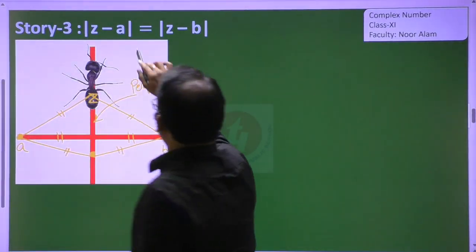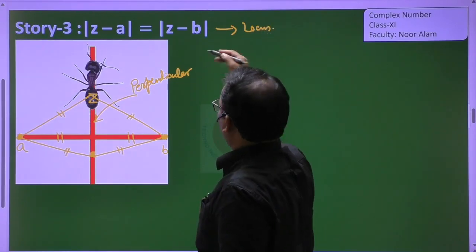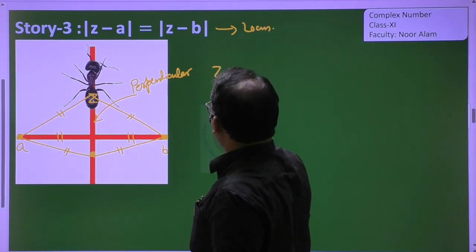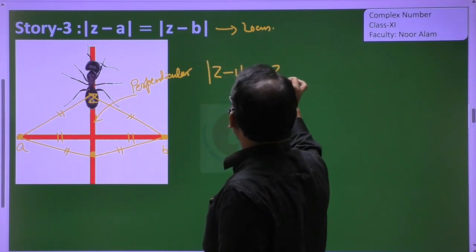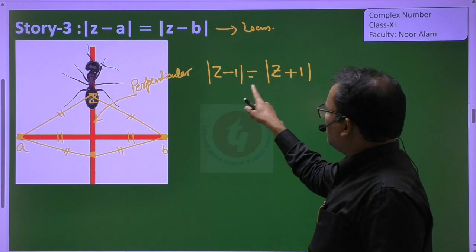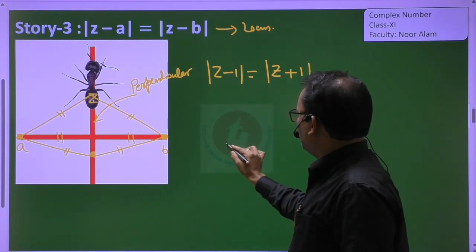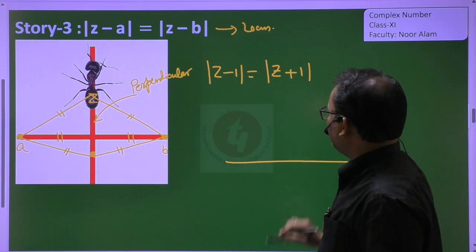So if I ask you, what is the locus? What do you mean from this? By giving one example, suppose mod of z plus 1 is equal to mod of z minus 1. If I ask you, what does it actually mean geometrically? So it is simple. Suppose this is our x-axis.